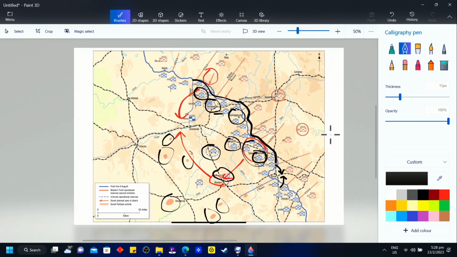So he had to rely upon more rigid defensive tactics and hope that any Soviet offensive could be fought to a stalemate before he expended his limited reserves. So this is the point I want to make.